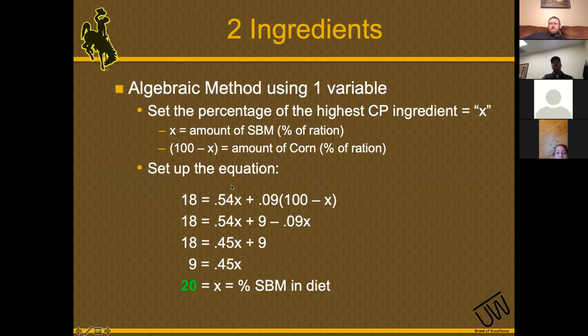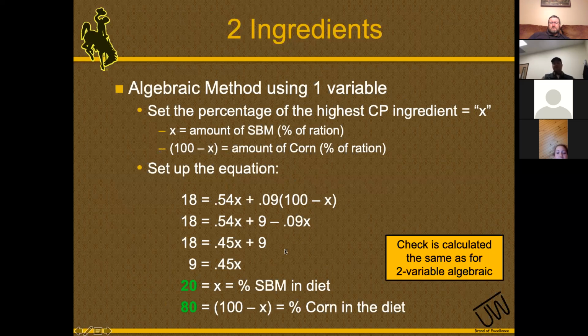This one to me is a little simpler if you don't get confused on the fact that you're just taking 100% of the diet minus the soybean meal as my corn fraction. If you can think of it that way, it stays relatively straightforward. And then you do the same thing. You're just solving for x in this case.